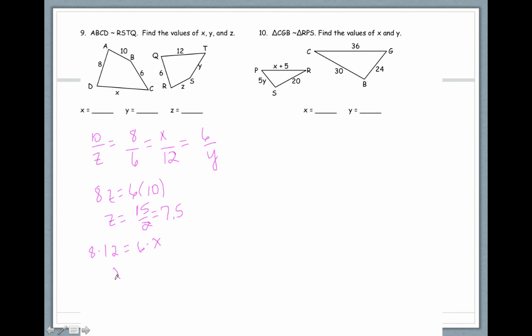Dividing by 6, I get X is 16, because dividing 12 by 6, I get 2, so 2 times 8. And 8 times Y equals 6 times 6, so Y equals 36/8, which is 9 halves.